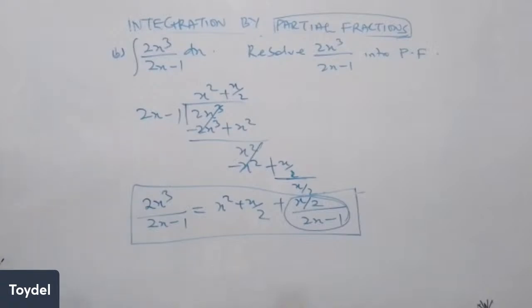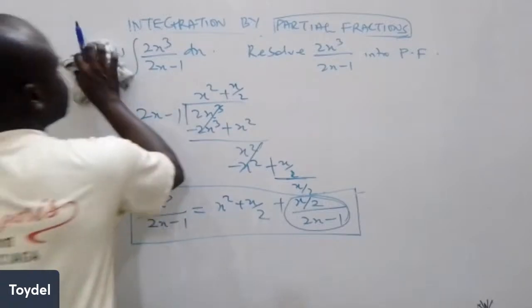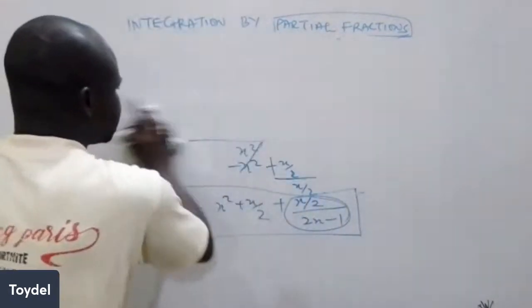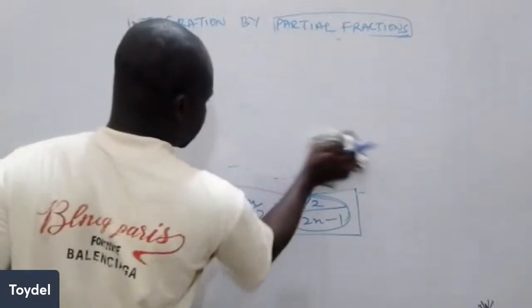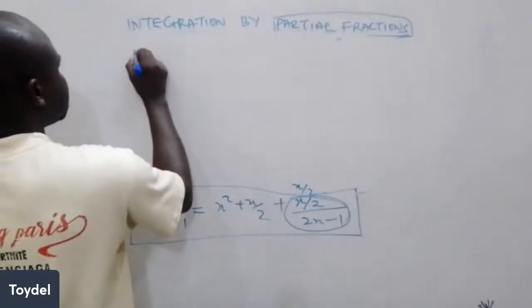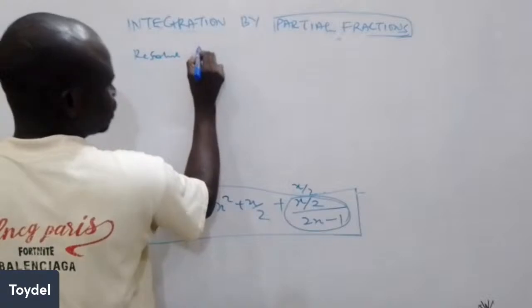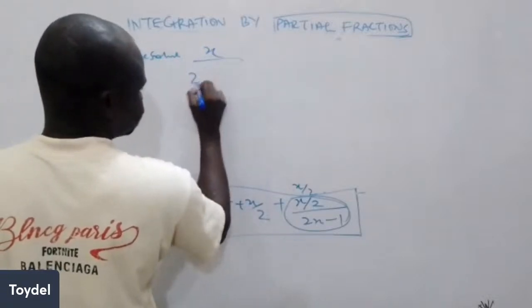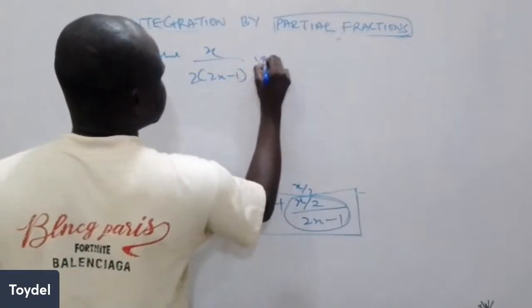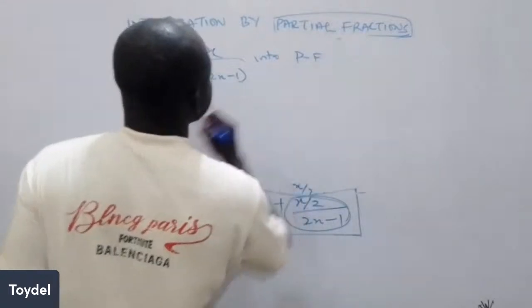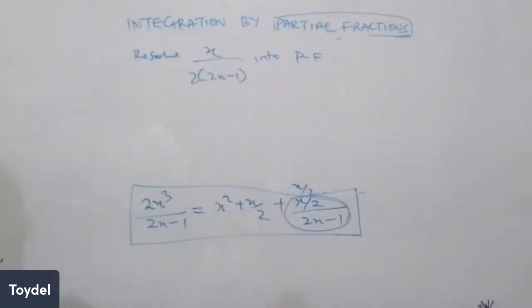Then how do we resolve that into partial fractions? That's what I'm about to do now. It's a bit complex, but it's something we can actually get. So we now resolve x all over 2 into bracket 2x minus 1 into partial fractions. It's the product of two things.